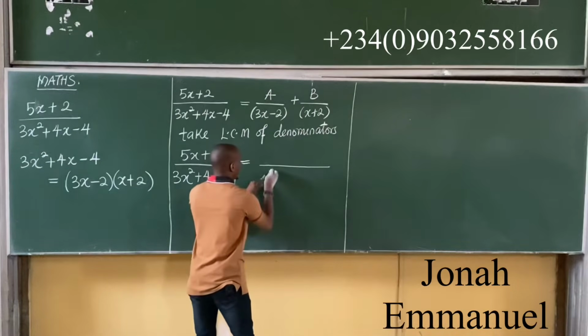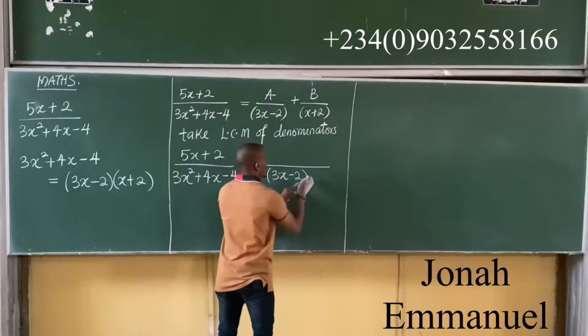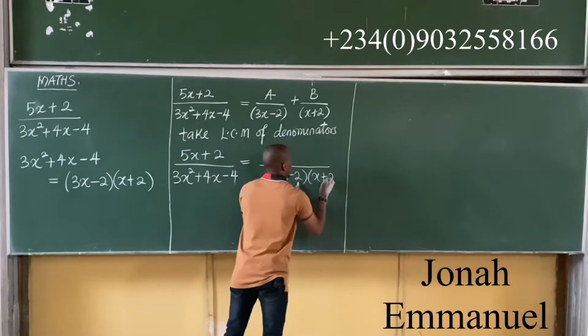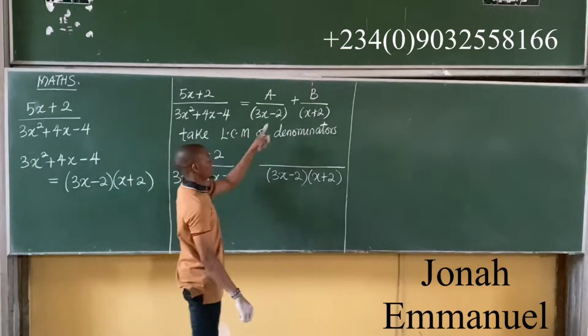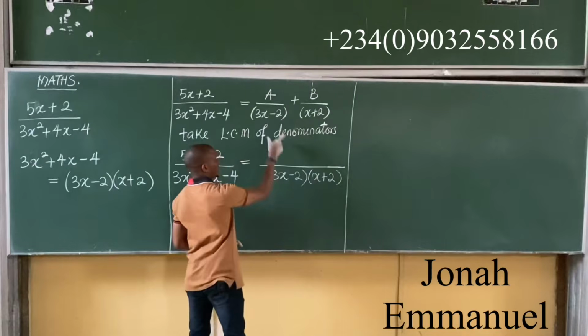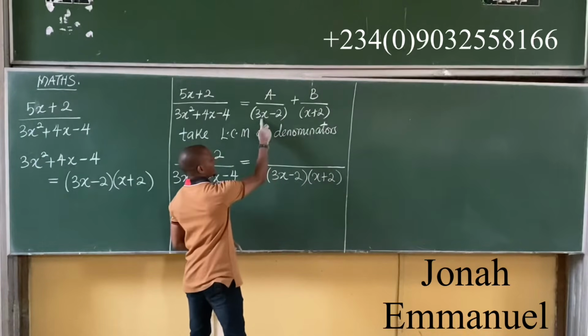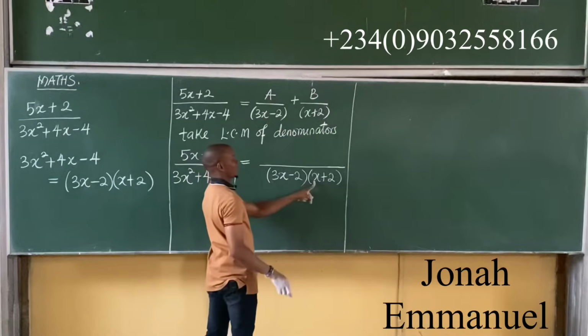That would be 3x minus 2 multiplying x plus 2. So the next task, this will now multiply this, because divide this one here with 3x minus 2. This will cancel this. You're left with x plus 2.